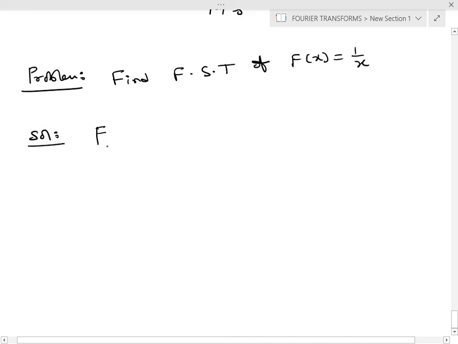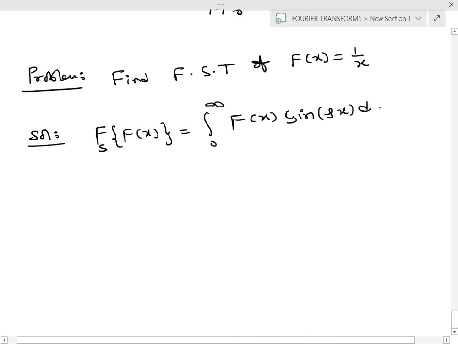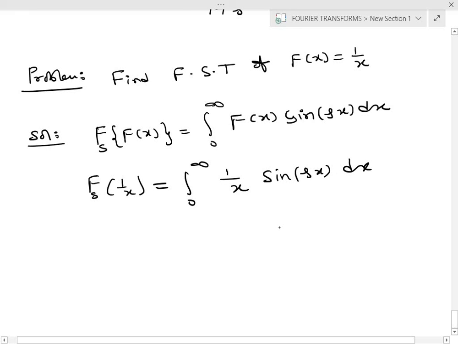The Fourier sine transformation of f of x is equal to the integral from 0 to infinity of f of x sine of sx dx. In place of f of x, I have 1 by x. So that is the integral from 0 to infinity of 1 by x sine of sx dx. This is the standard formula, and the result is directly pi by 2.